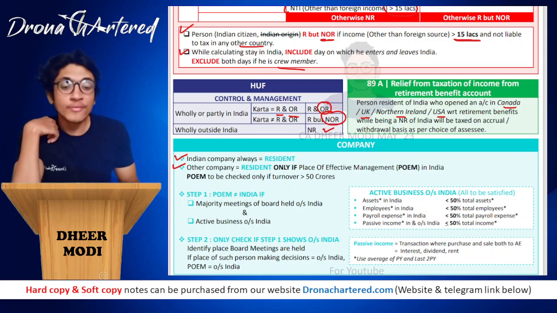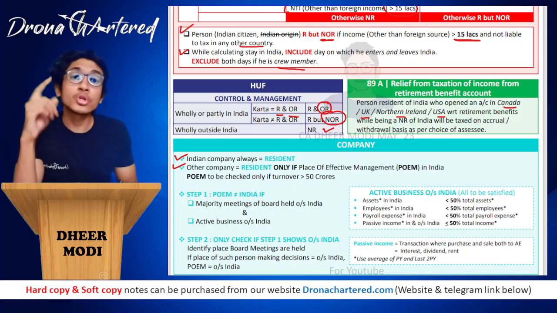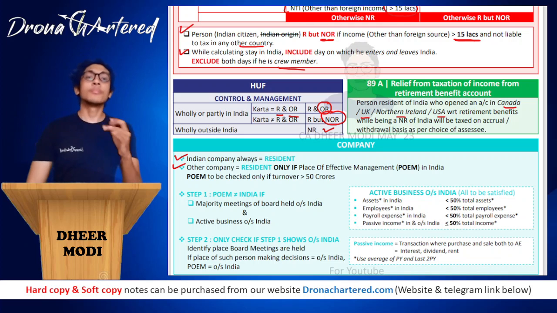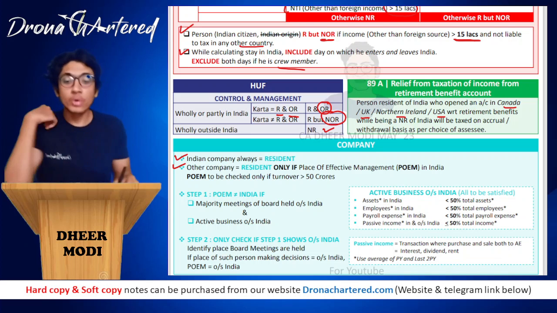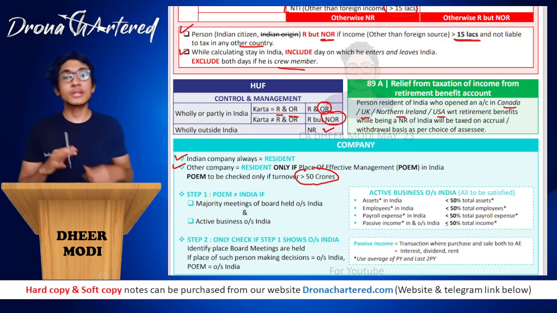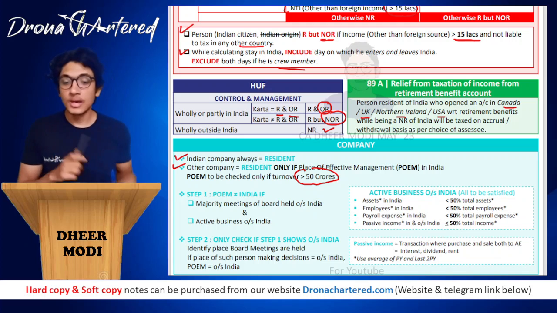So what is the place of effective management? The first point you have to remember is that POEM is to be checked, this effort you will put in, only and only if the turnover is greater than 50 crores. Only if the turnover is greater than 50 crores will you check for the POEM condition.